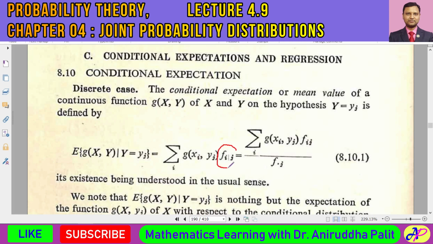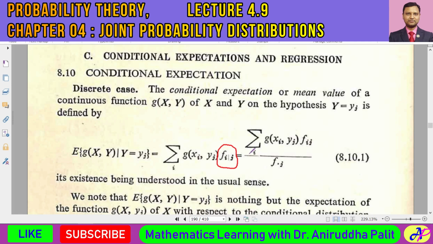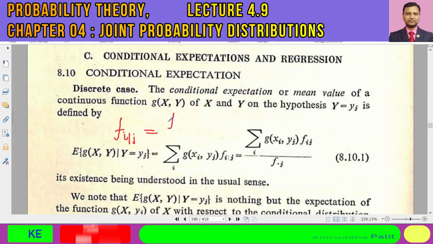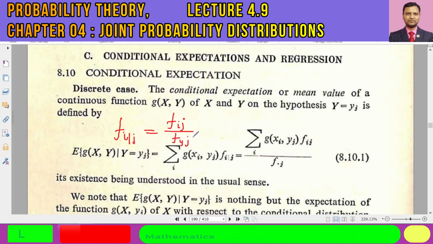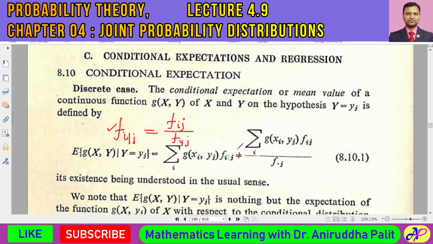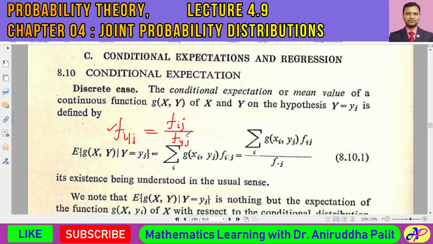And this is multiplied by the conditional mass function of X given Y equal to yj. We all know that this f(i|j) can be written as fij divided by f(yj). Therefore, if we put this relation in place of f(i|j), we get the result: summation of g(xi, yj) fij, that is the mass function of the bivariate distribution, divided by f(yj).